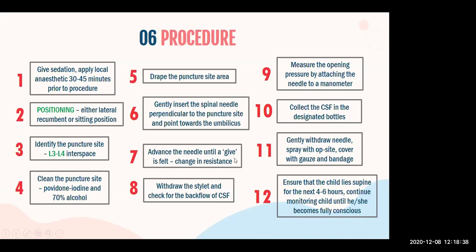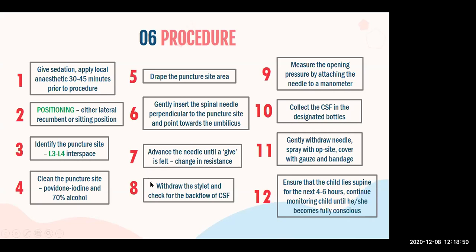If there is any change in resistance, most of the time it shows that the needle has penetrated the dura mater. So if we advance a little more, we get through the subarachnoid space and get the CSF.